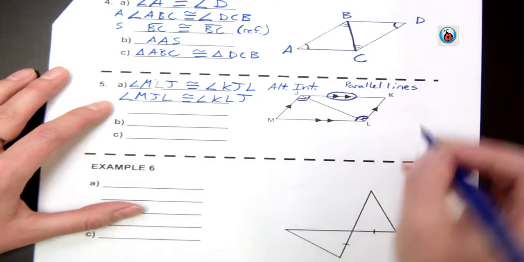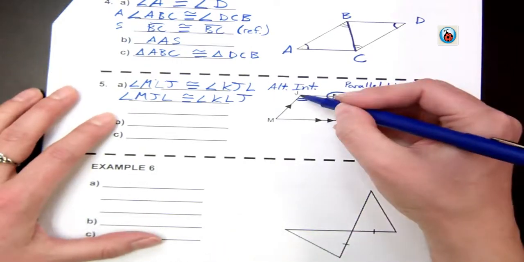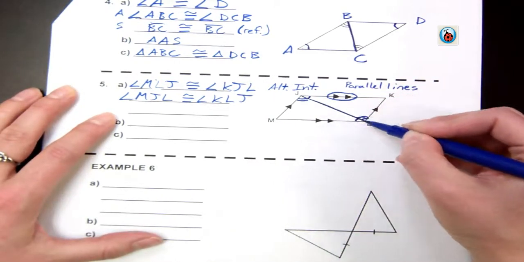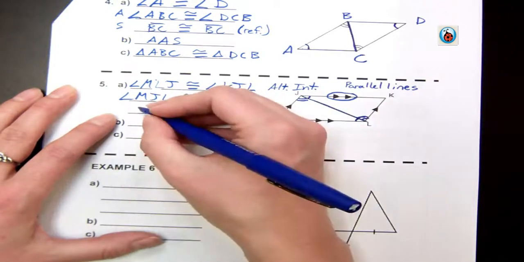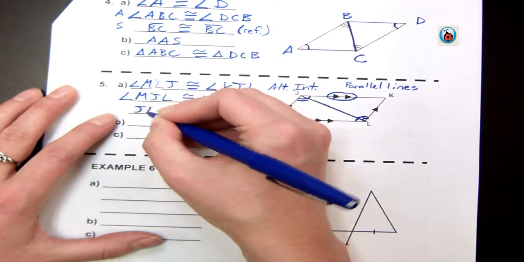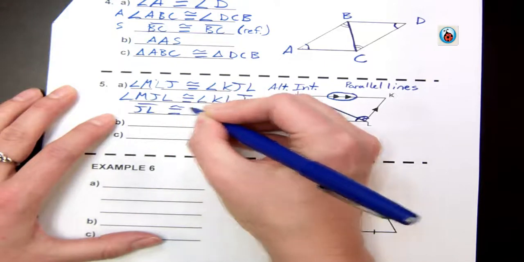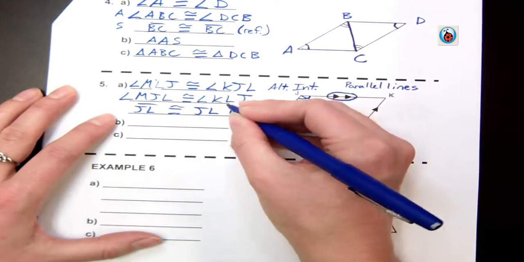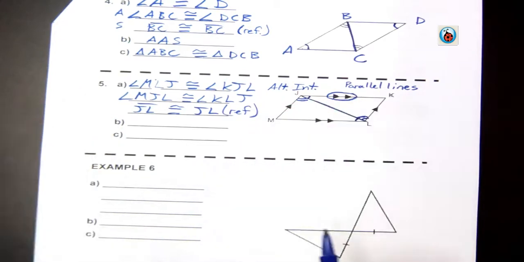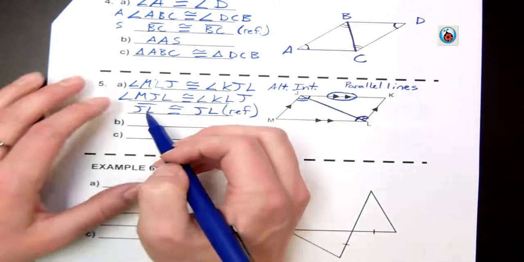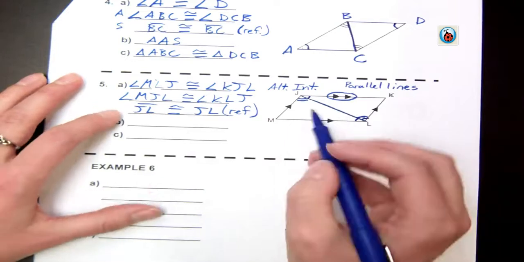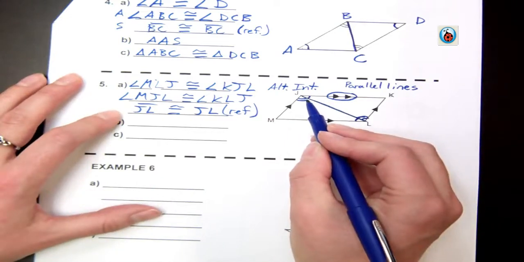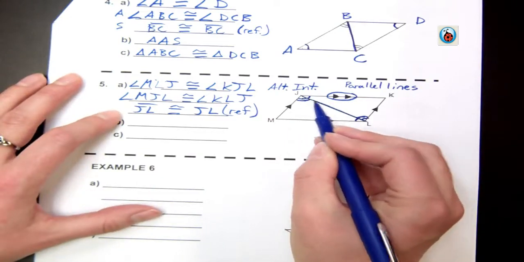And I mark them on here to help keep them straight. And again, I have my reflexive line in the middle. And so JL is congruent to JL, and that is reflexive. And so here I have an angle and a side, which isn't an option, but we can check in order.